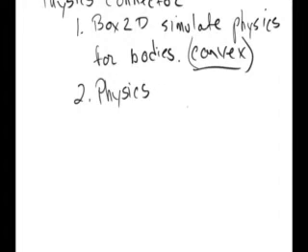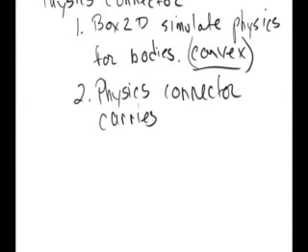Then it will find the physics connector. And it will say, I've simulated how this body will move. Now I need to tell AndEngine how it has changed. So the physics connector carries Box2D information to AndEngine.